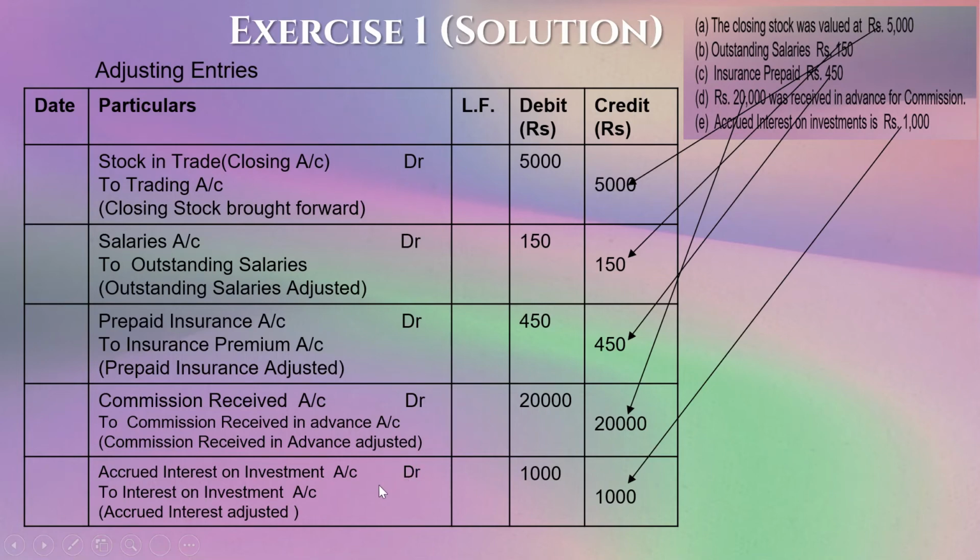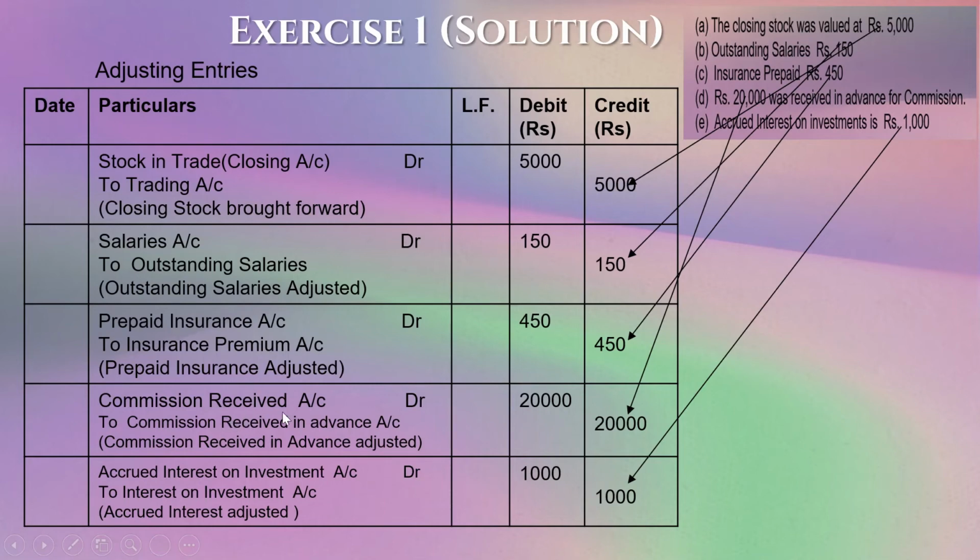You have to see what is debit and what is credit. Outstanding salary is a liability, so you have to credit it. When you credit this one, then the expense will be debited. Here prepaid is always an asset, and an asset has a debit balance, so you have to debit. When you debit this, the expense will be credited.